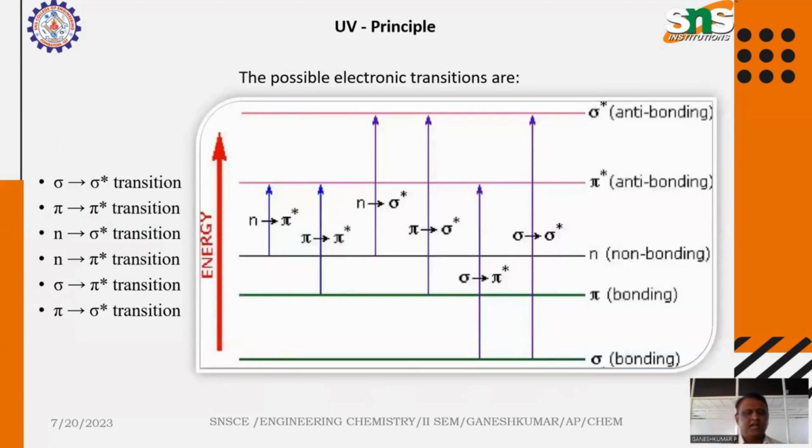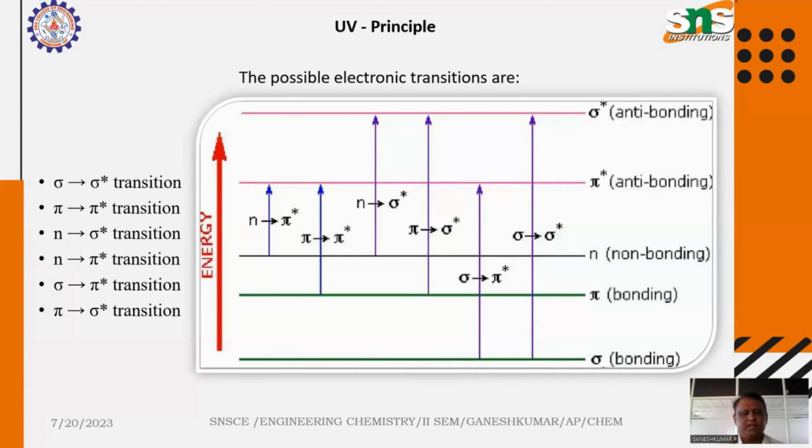These are the different types of possible electronic transitions that can happen when electromagnetic radiation interacts with atoms. When the atoms absorb this energy, they transit to various energy levels. They can move from sigma to sigma star, pi to pi star, n to pi star, n to sigma star, sigma to pi star, and pi to sigma star.